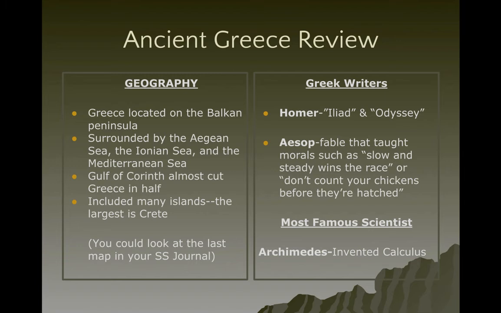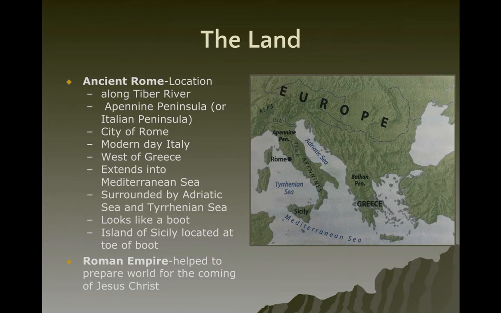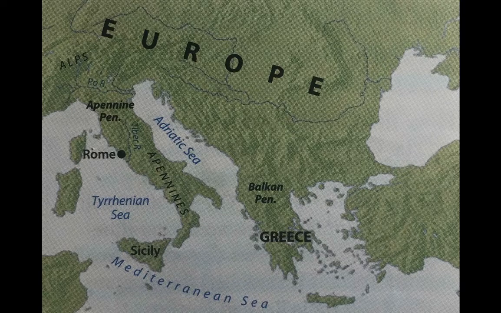First of all, in each chapter we like to start talking about the geography. And I really have enjoyed doing geography with you guys this year. I'm going to flip over here to this map, and I'm going to talk about the geography of ancient Rome.